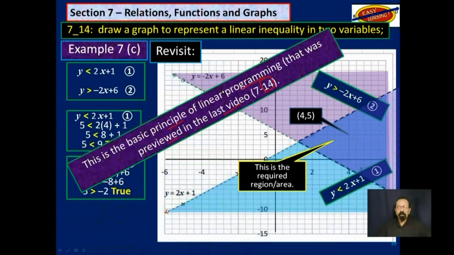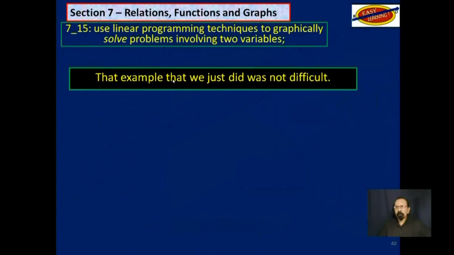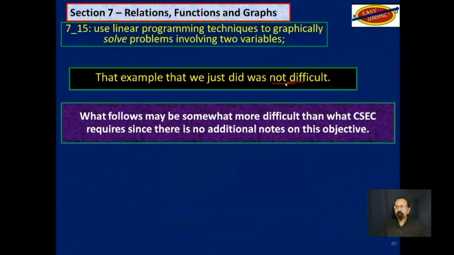Now, I went through it in detail to make sure you understand what it is. Now, we will apply this in practical situations, and it gets a little more difficult. That example that we just did was not difficult. It was fairly simple.